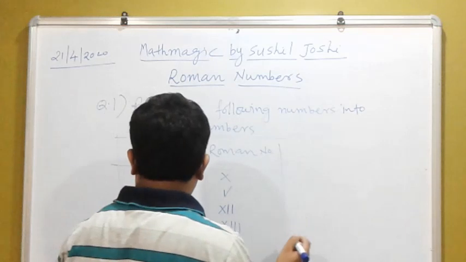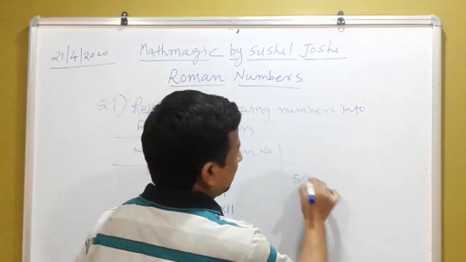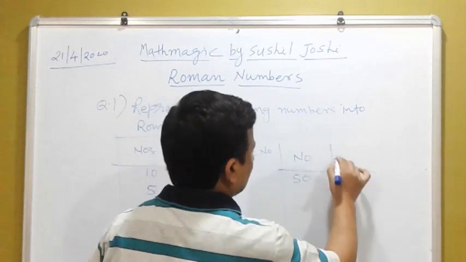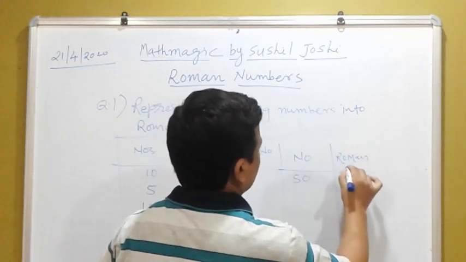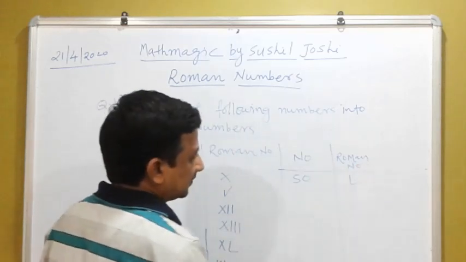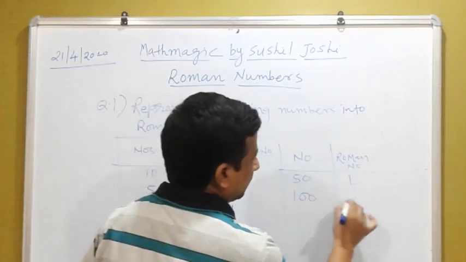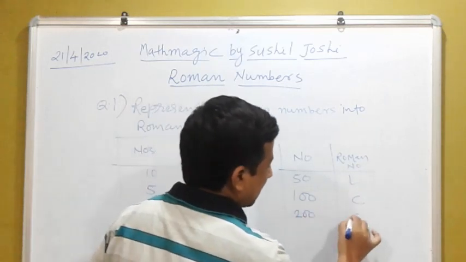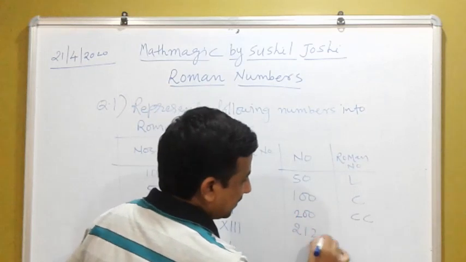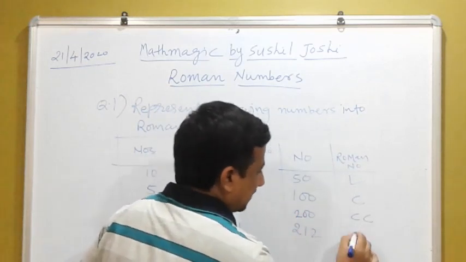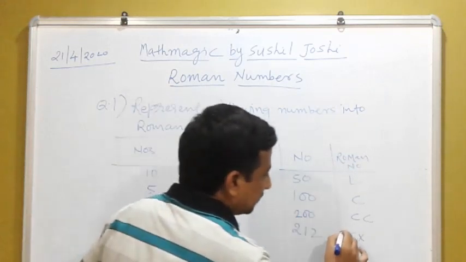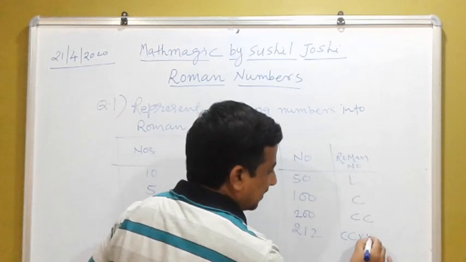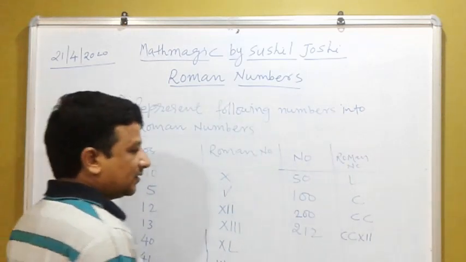Again, if I take here 50, to represent 50 we write L, then 100 we write C, then 200 we write 2C. 212: 2C means 200, and 10 means X and 2 I's means 212.